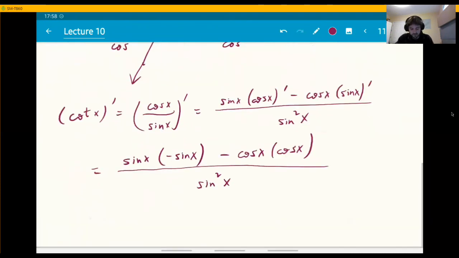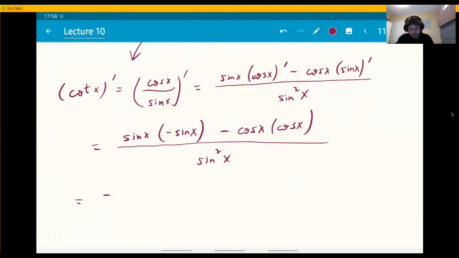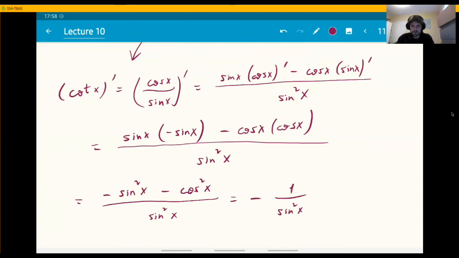But once we've done all this, you see that the first term is a minus sine square. The second term is a minus cosine square. And this can be simplified because what you have in the numerator here is minus 1 times sine square plus cosine square, which is 1. So the final result is minus 1 over sine square of x.